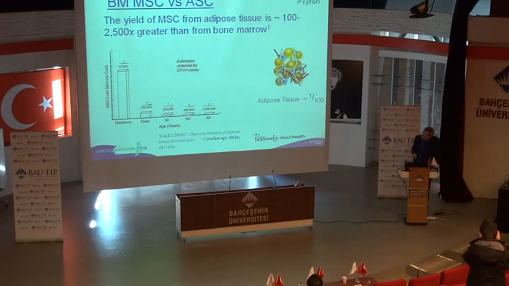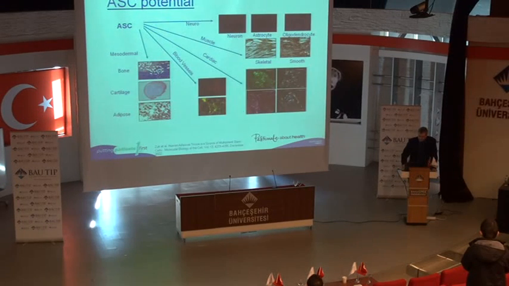As you said earlier, it's around 1,000 times greater than the bone marrow stem cells found in fat. These stem cells are known to have the potential to differentiate into nerve tissue, muscle tissue, cardiac muscle tissue, blood vessels, capillaries, and also into mesodermal tissue.